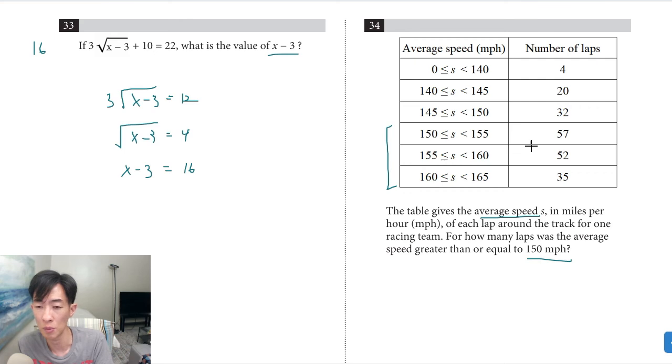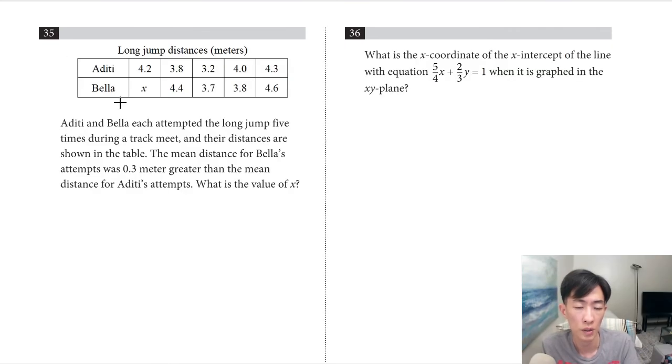Since each one tells us the number of laps, you basically add up 57 plus 52 plus 35, and that's going to give you 144 if you do it on your calculator. So very easy problem.